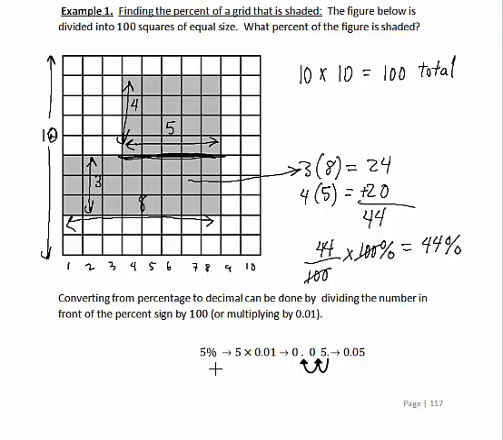Okay, you need to know how to convert back and forth between percentages pretty quickly, and you can actually do it very quickly by simply moving the decimal point. Okay, we've already talked about 5% and how it is the number divided by 100.